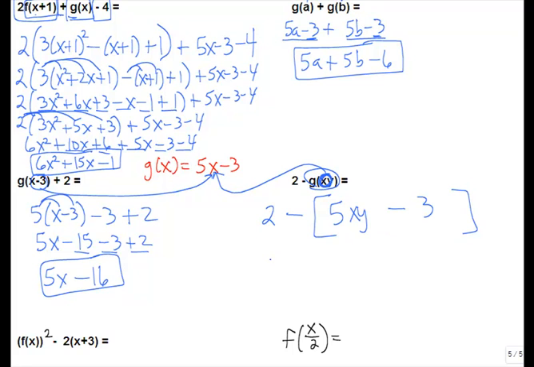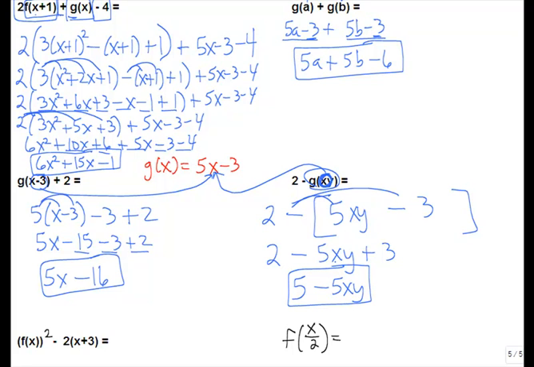And if you don't have those parentheses, then you're not going to remember in the next step to distribute, and it's going to make your final constants be wrong. So minus times minus becomes plus 3. 2 plus 3 is 5. So our final answer will be 5 minus 5xy.